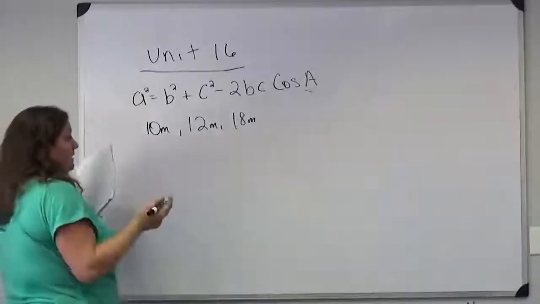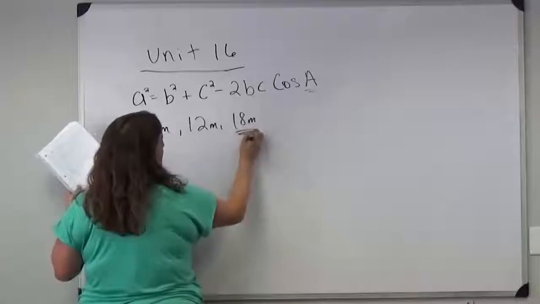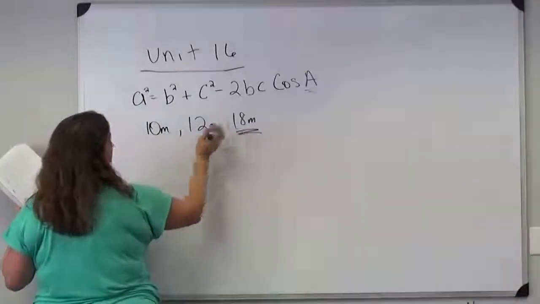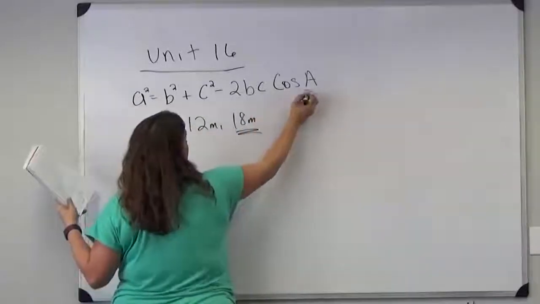So the largest angle will always be across from the largest side. So we would set that up as this one can be the A, and then we're going to solve for A over here.